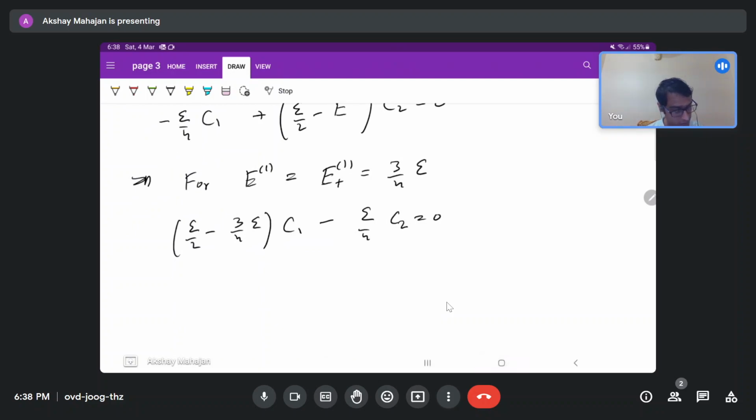That gives us minus epsilon by 4 C1 minus epsilon by 4 C2, which gives us C1 equals C2.